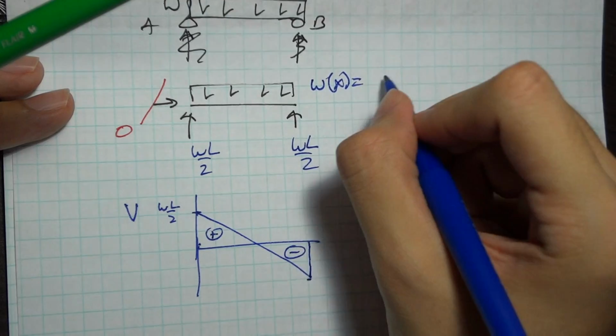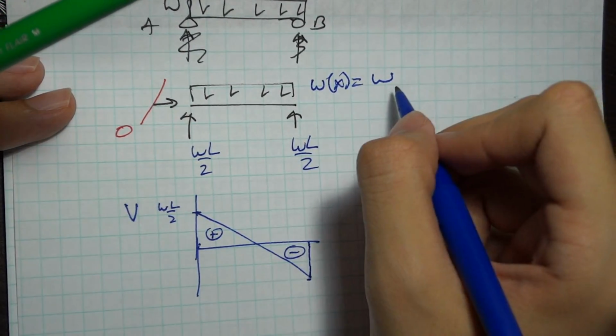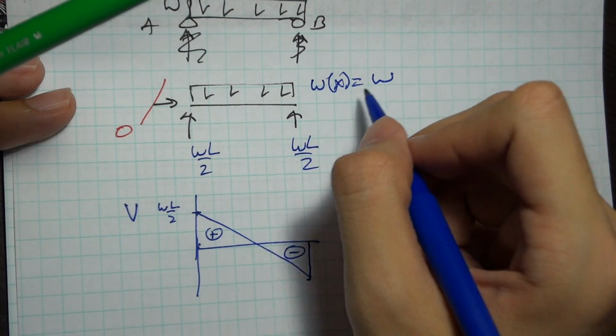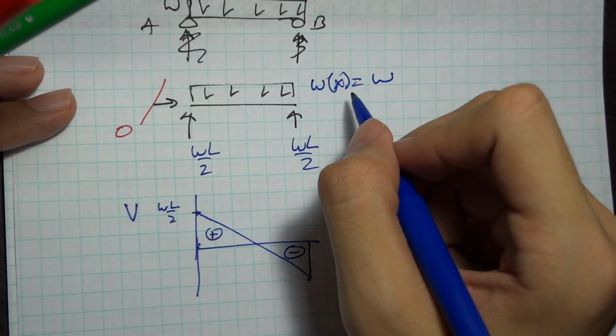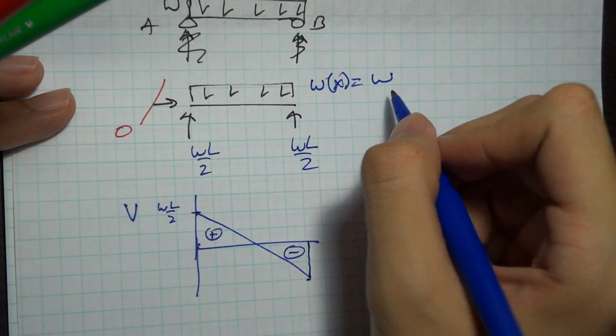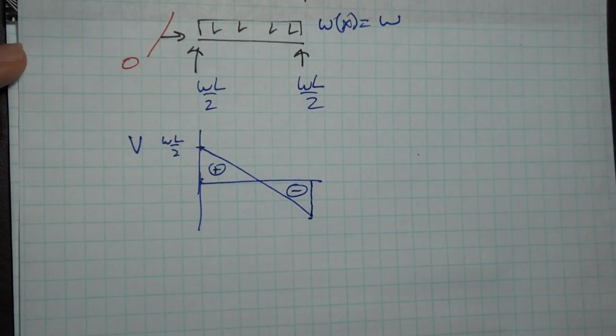W of x equals W, right? I can make W a function, but because W of x is constant, I have no x term in here. What is W at L? W. What is W at L over 2? W. What is W at 0? It's W. So I can do that without any problems.